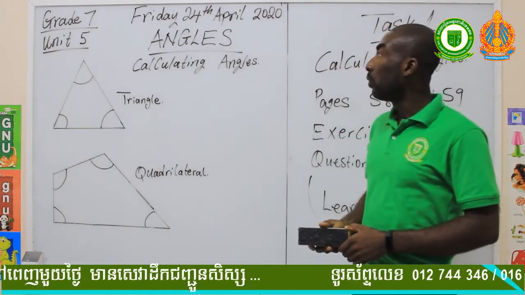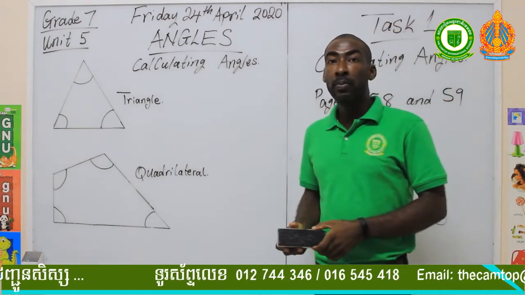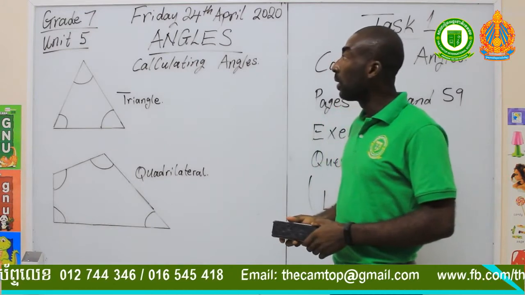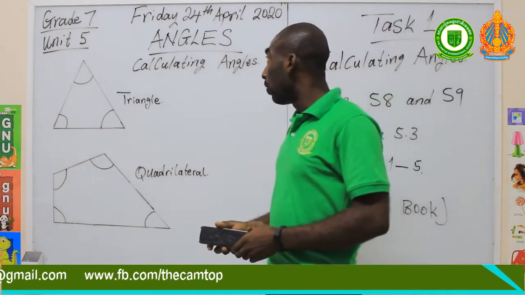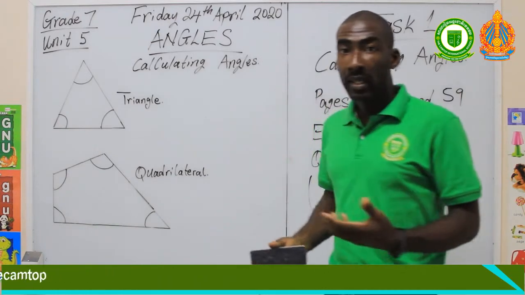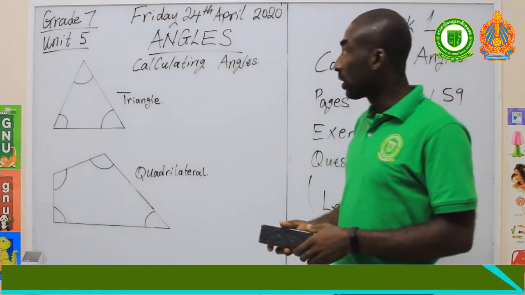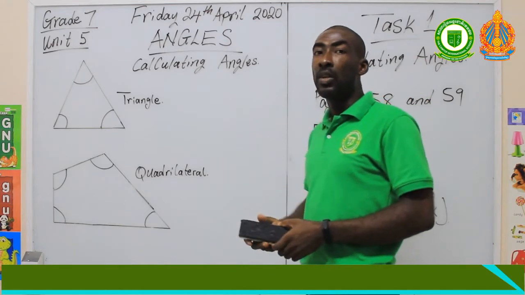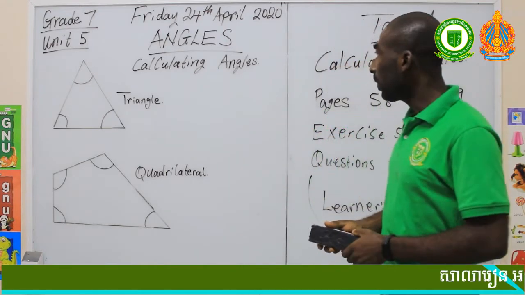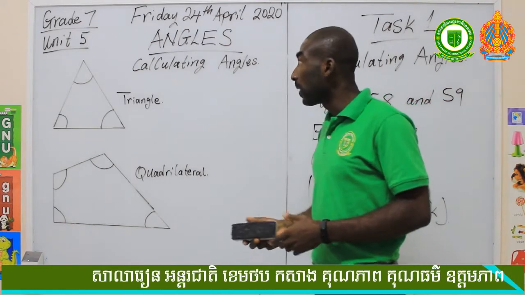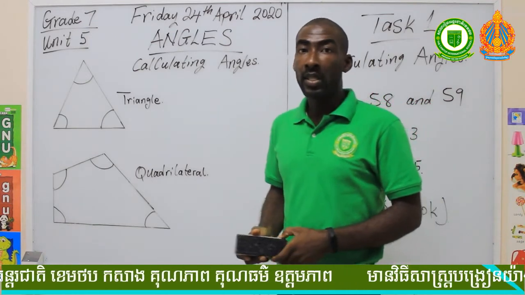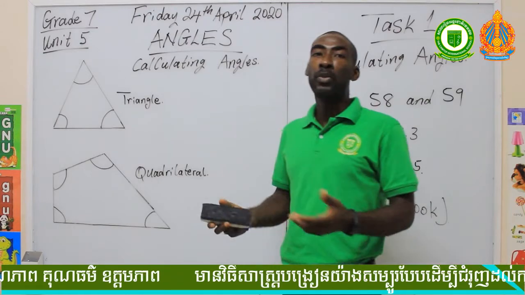In today's lesson, we're going to go a little deeper into angles and learn how we can calculate them. We will take what we learned in our previous class and apply it. When calculating an angle, you must always know which particular angle you are calculating. Is it an acute angle? Is it an obtuse angle?